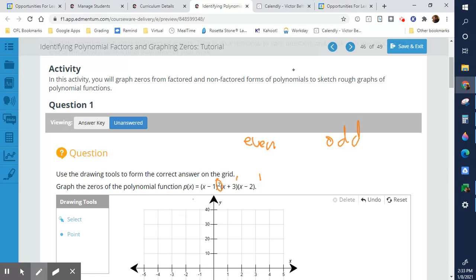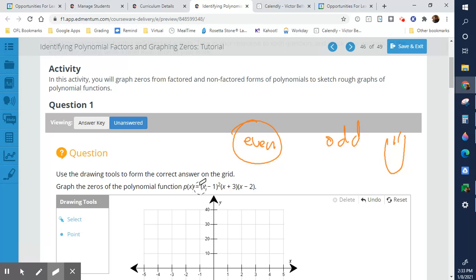Since there's no coefficient, no negative sign here, that means it is positive. So we're going to do this little happy face here. So you know that the end behaviors are going to be somewhat like this. You just need to figure out everything that's happening in the middle.